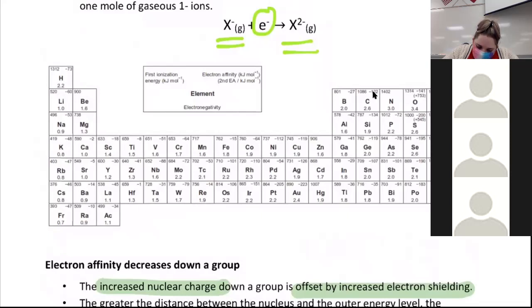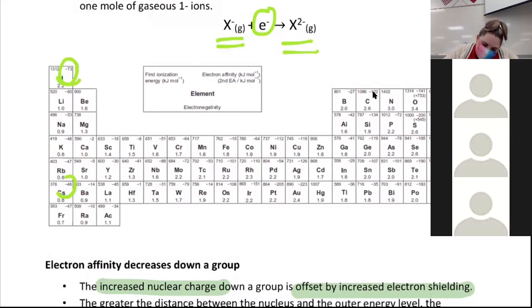So if I look here, I'm releasing 73, but all the way down here, I'm only releasing 46. The negative sign just means that the energy is being released, okay? And when we get to topic 5, we learn more about that because we learn about endothermic and exothermic reactions. But anytime energy is released, your energy value is going to be negative because the negative sign indicates it's being released. So it decreases going down a group.